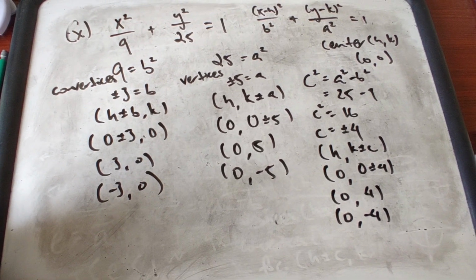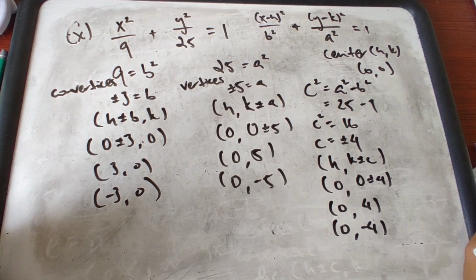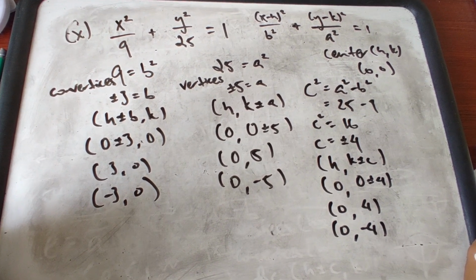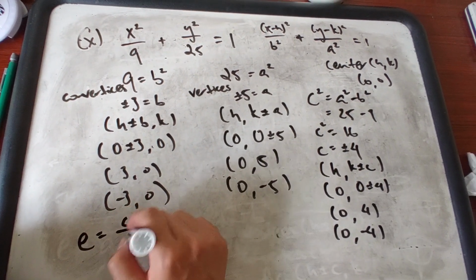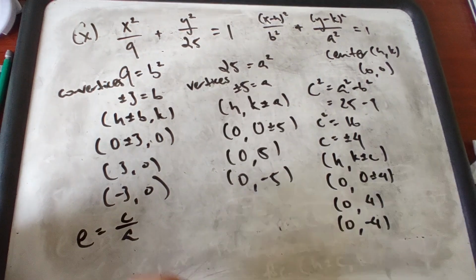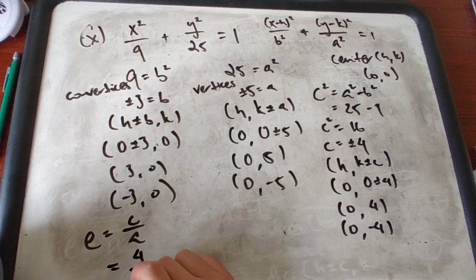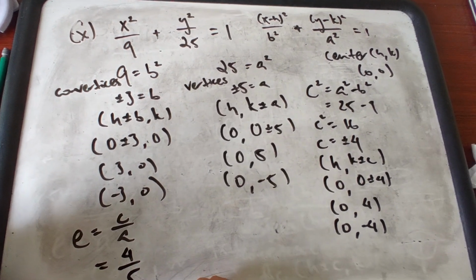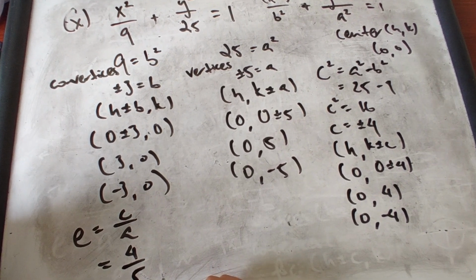And right now we have the basic structure of our ellipse. We also need to find the eccentricity. It's just another property to find. That would be c over a, which is 4 over 5. You could do plus or minus, but in terms of eccentricity, it's more like an absolute value.